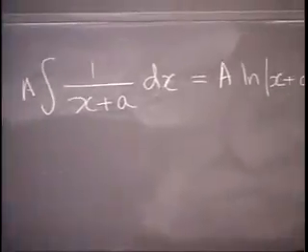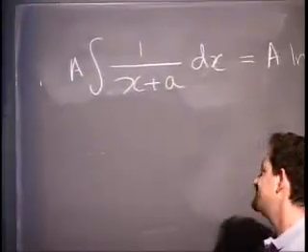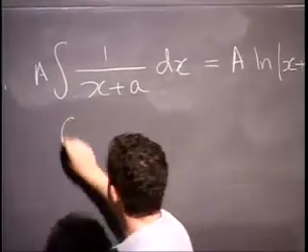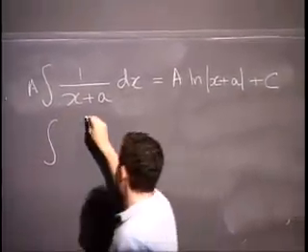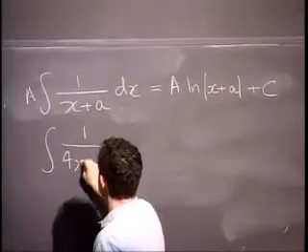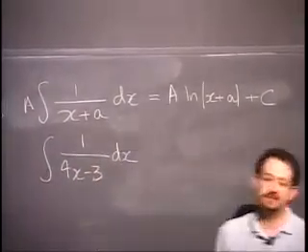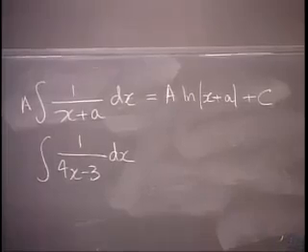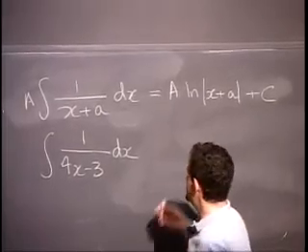What are the other things that can come up in the form? Well, you could have a square on the bottom. Before I even do the square, let's just worry about what happens if perhaps it's not monic. Maybe you factored it like this: 1 over 4x minus 3 dx. The 4 is not really a big deal, but you do have to be careful.